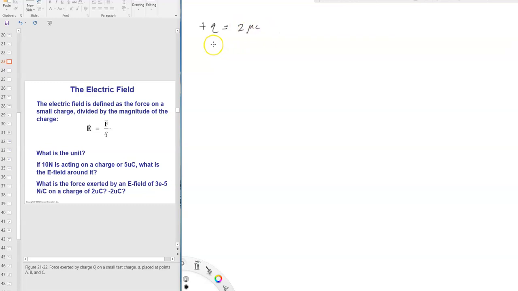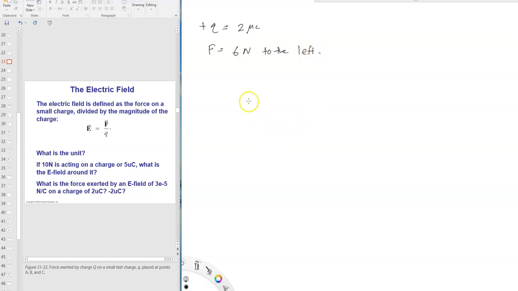When you place this charge in an electric field, there is a force acting on this charge. Force is, let's say, 6 newtons to the left.